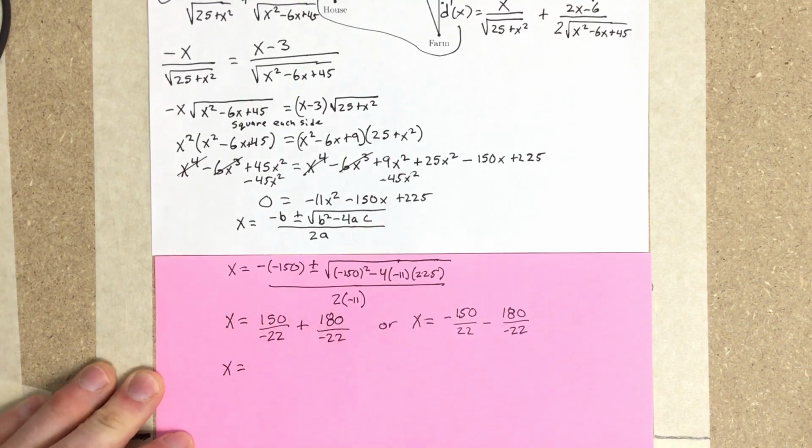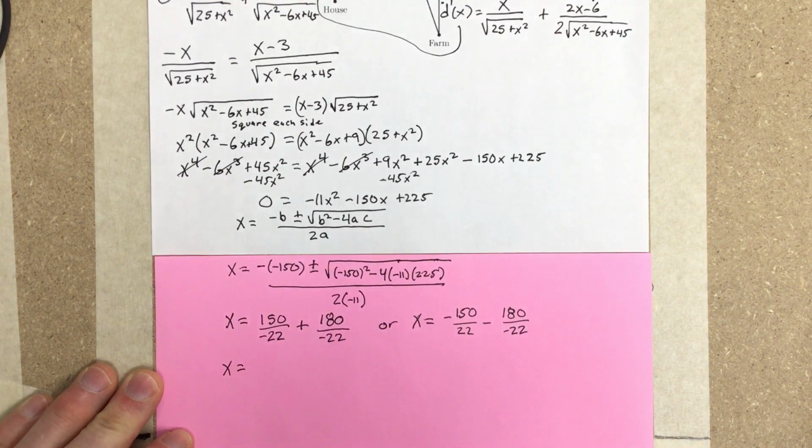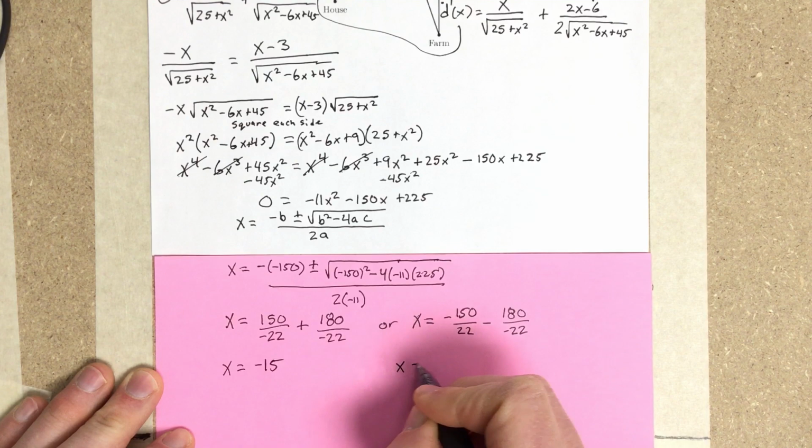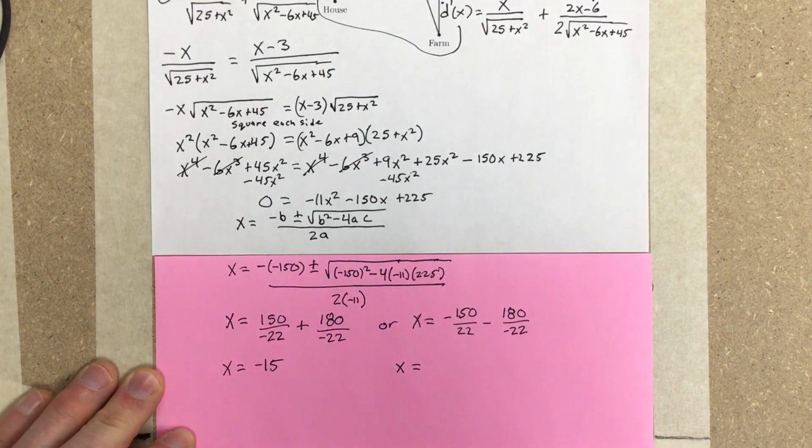So let's see what we get here. I get negative 15 for x here, and then this x is going to equal 15/11.